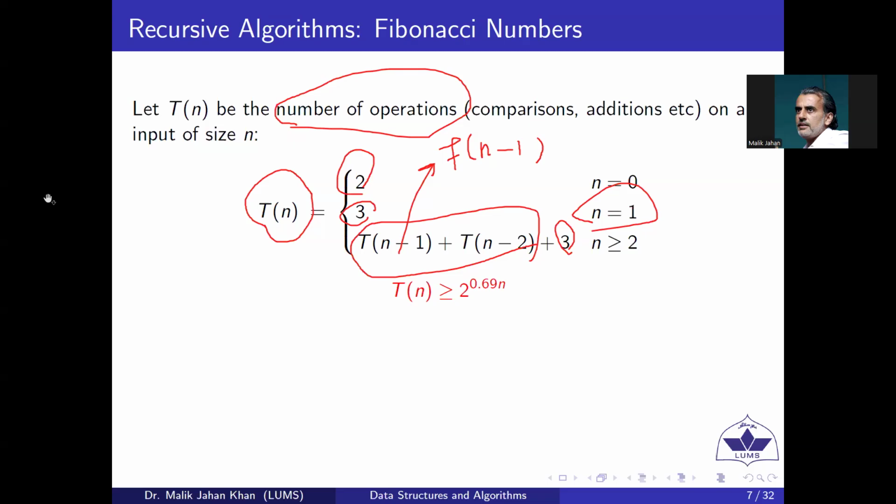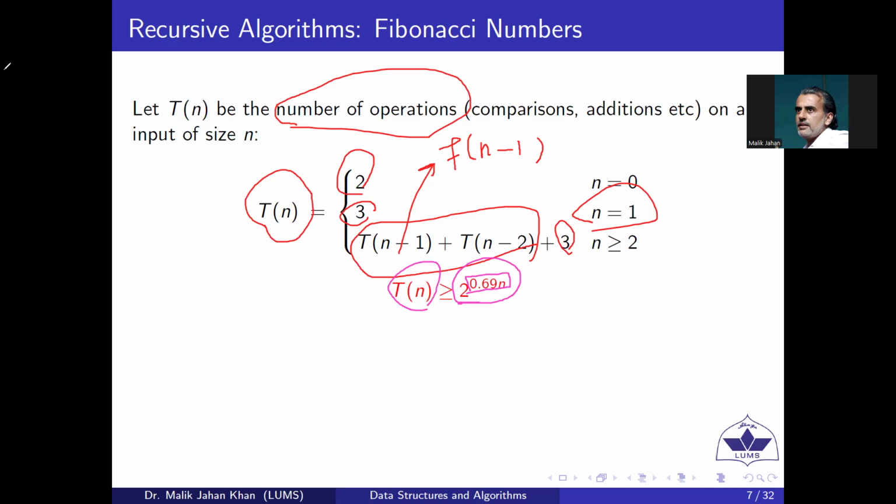And even if you don't have the knowledge, just believe me for a while that if you solve that recurrence using a method we are not really particular about, it turns out that the time is going to be greater than 2 raised to the power of something. And if you look at the something in the power, it is a function of n. If you recall your basic math, if there is a constant base and the variable n in the exponent, that represents something very closely related to an exponential function.